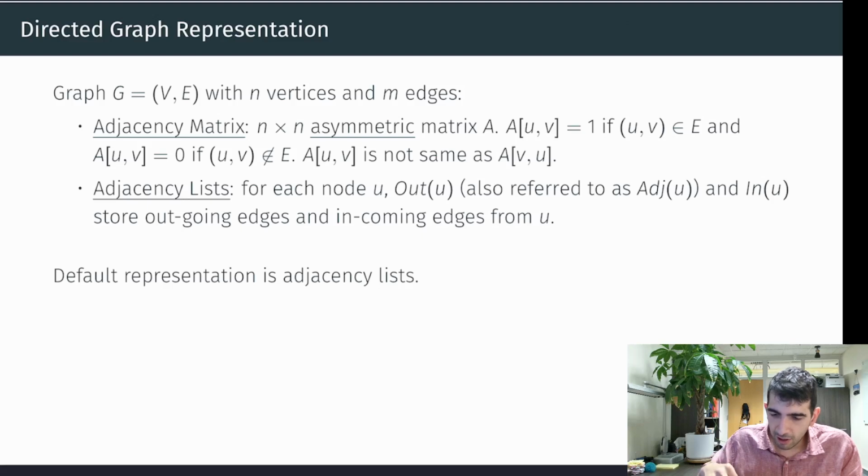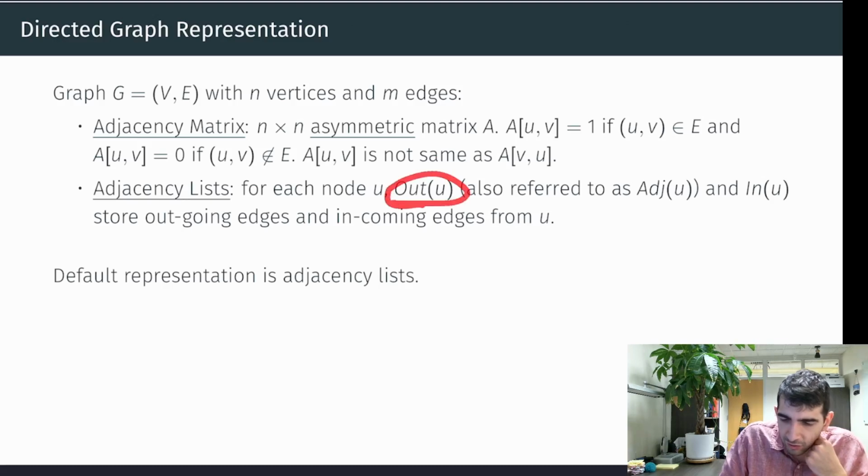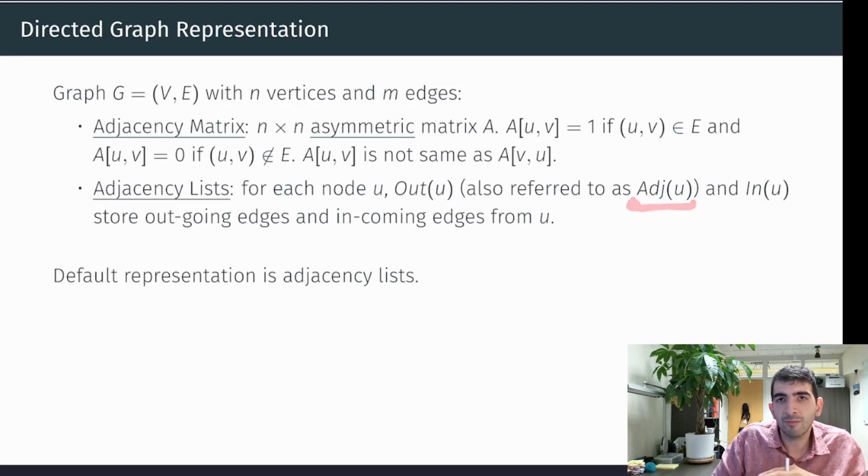There are two types of adjacency lists. There are the adjacency lists which store the edges that are going out of the node, denoted out(U), which is the default that we use.